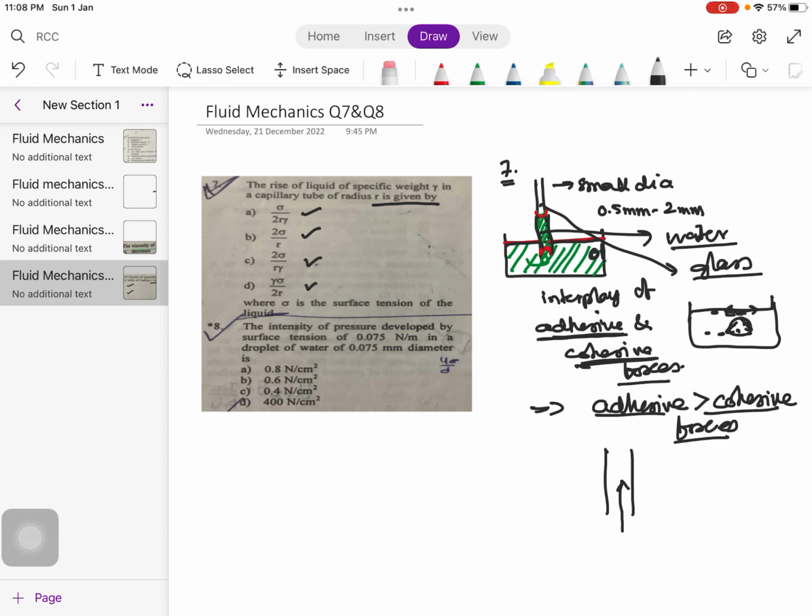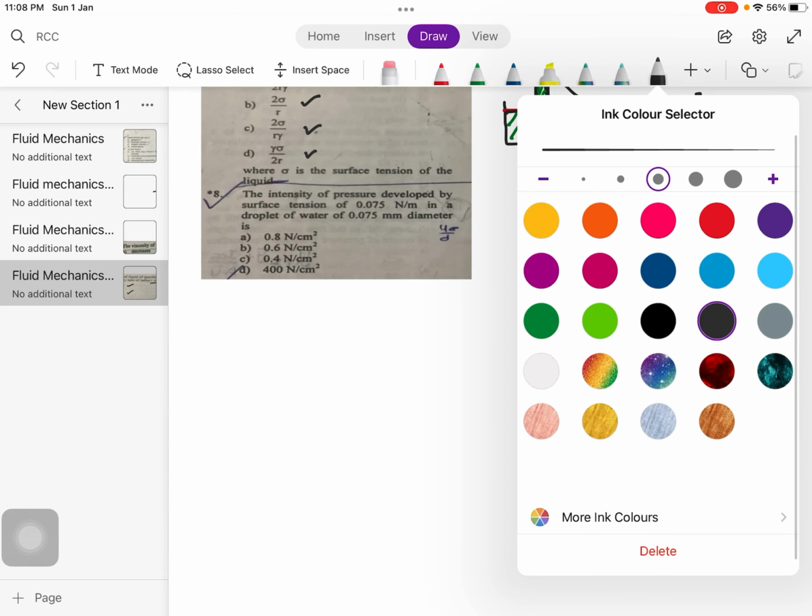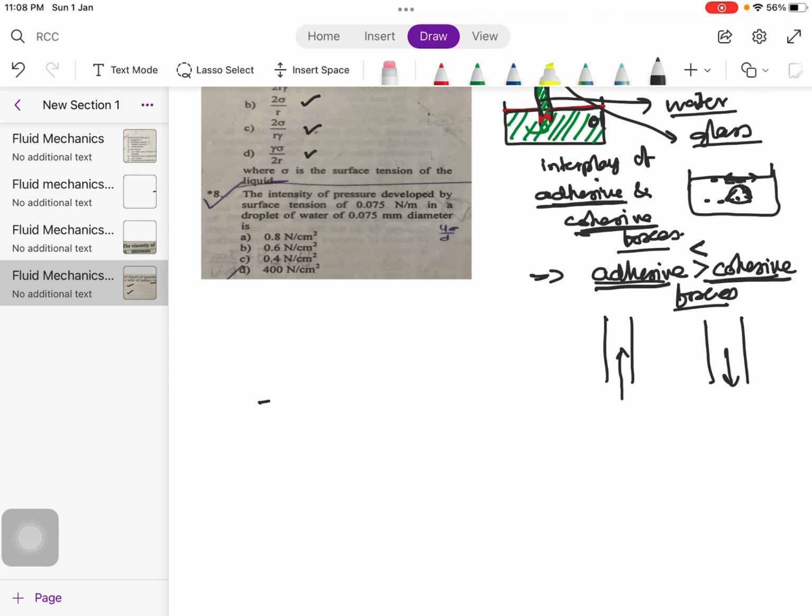If the adhesive forces are less than the cohesive forces, the liquid falls in the capillary tube. To have a better clarity of this phenomenon, let us consider an observation which we encounter on a daily basis.